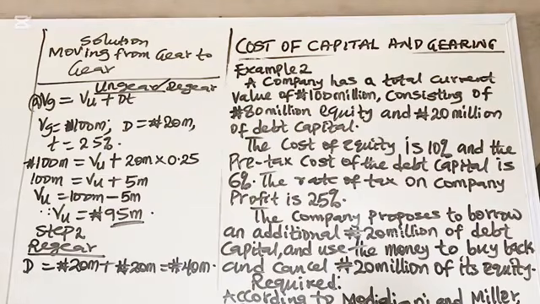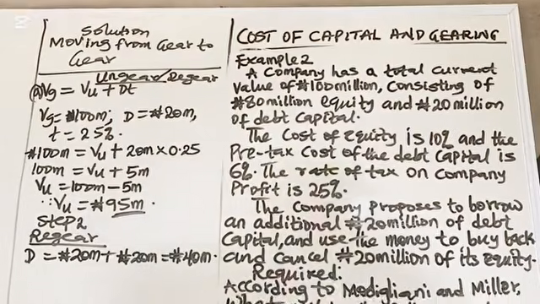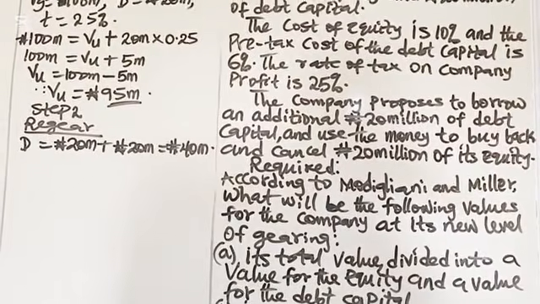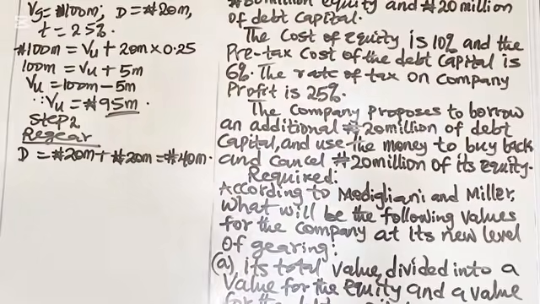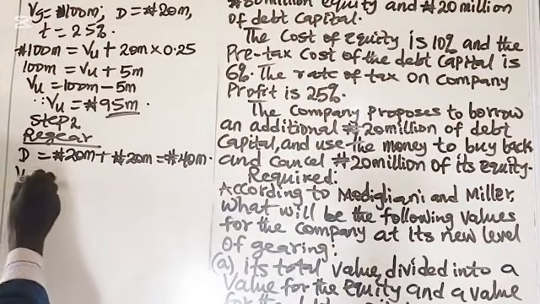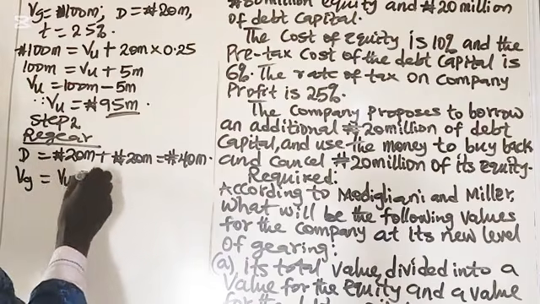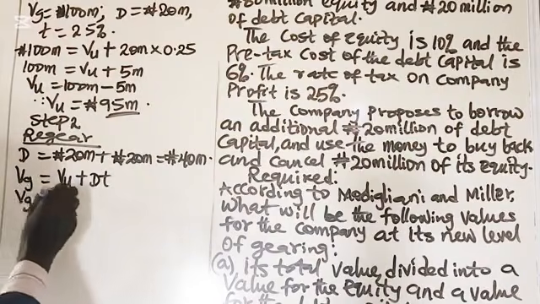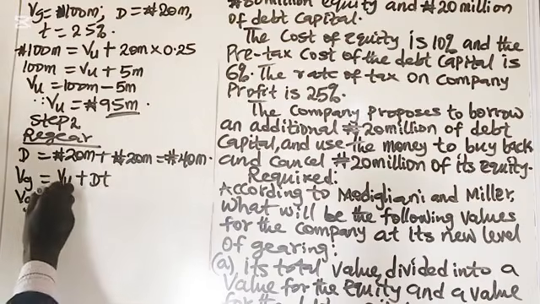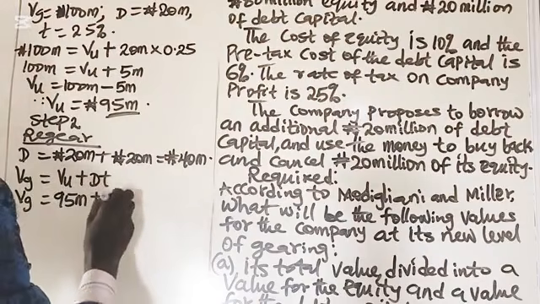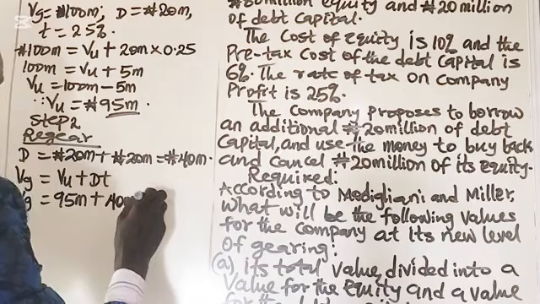And the value of a geared company, VG, equals, don't forget the formula. I've told you the formula will be given in the formula page of your question paper, which is towards the last page. So the value of the geared company is VU plus DT. Our VU is 95 million, plus D, which is now 40 million, times the tax rate, 25% as before.